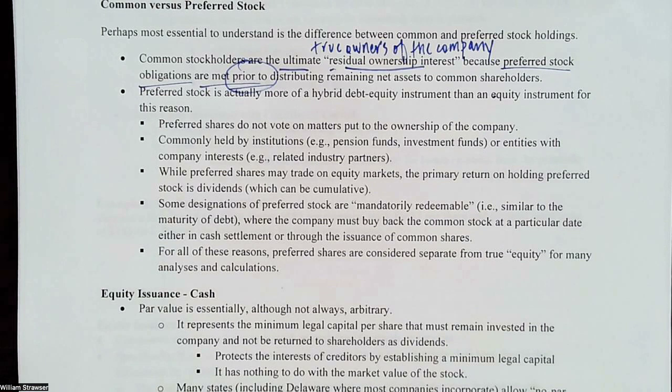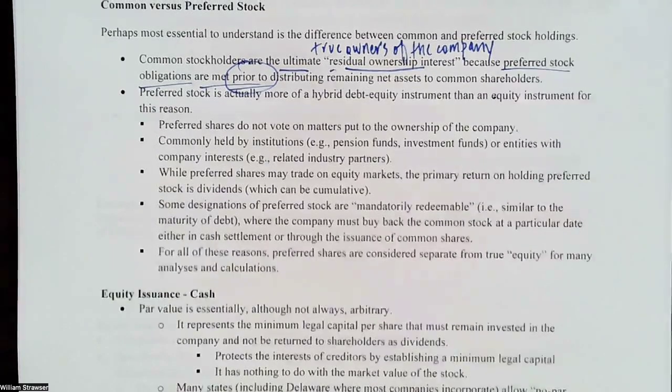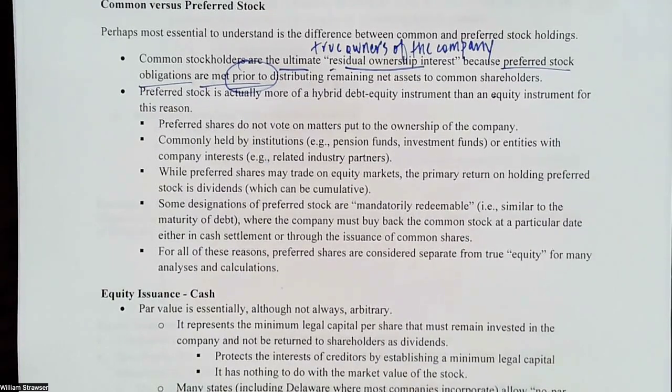Preferred shareholders tend to hold their shares because what they want is the dividends on those shares. And from that perspective, because preferred dividends are, for most preferred stocks, required and can be cumulative, right? They can build up over time when not paid. This becomes much more like interest than it does a dividend payment.